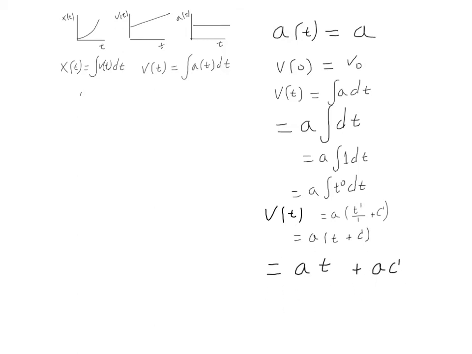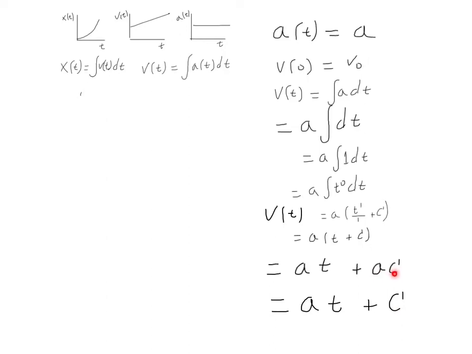What we always do in calculus is this a times c, well, c can be any constant, and even though it's times a, c can be any constant, so we'll just write that as at plus c, where this c is different from this c. In fact, this c here is this c times a. But since c could be any number, times a could also be any number c. Isn't that kind of funny? That's some sort of subtle joke in integral calculus, and we do this all the time.